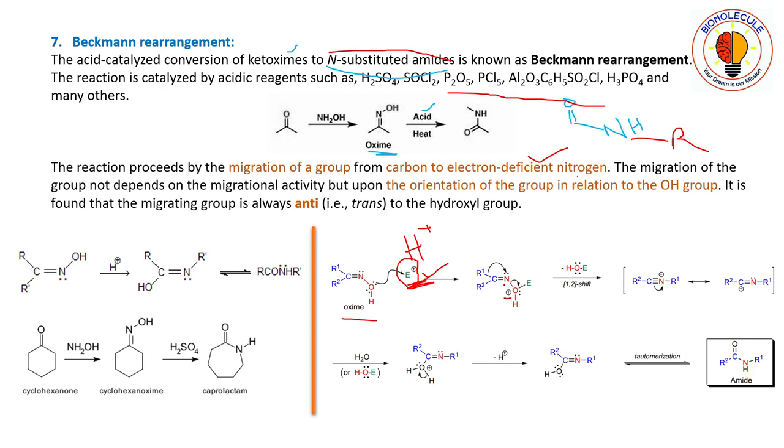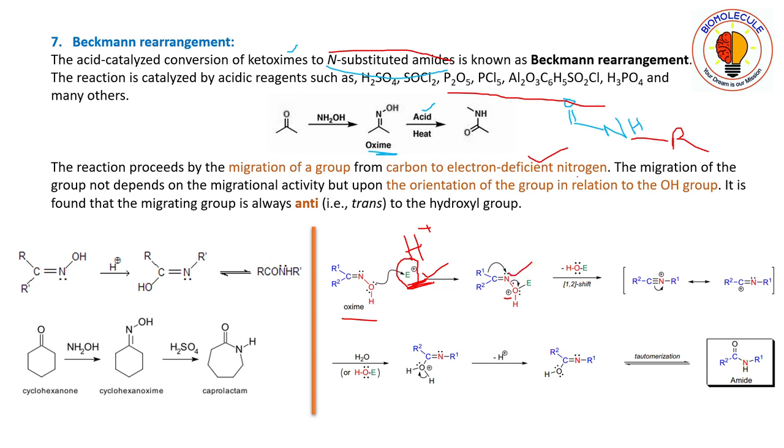Means since oxygen develops an extra positive charge, so its electronegativity increases much more than the previous electronegativity value. Okay, now oxygen has positive charge, so it will become much more electronegative, leaving this nitrogen electron deficient.